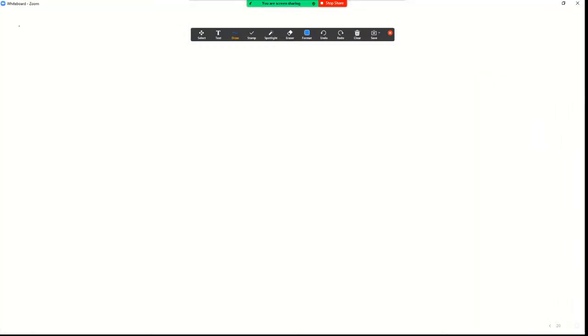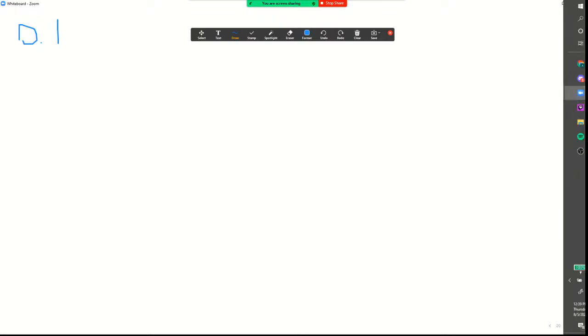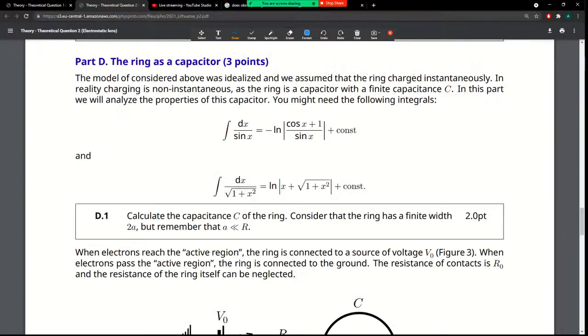So we have to find the capacitance of our doubly thick ring. So do we have to assume plus Q here and minus Q here, or plus Q here and minus Q at infinity?